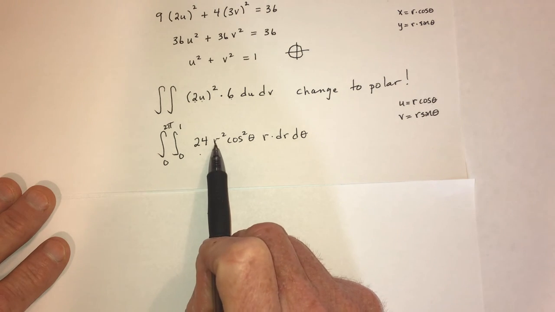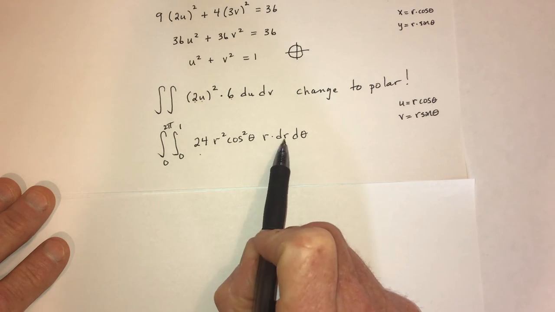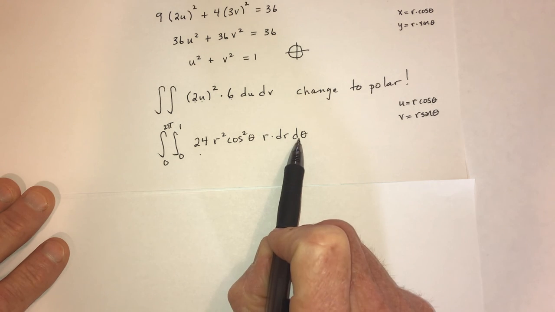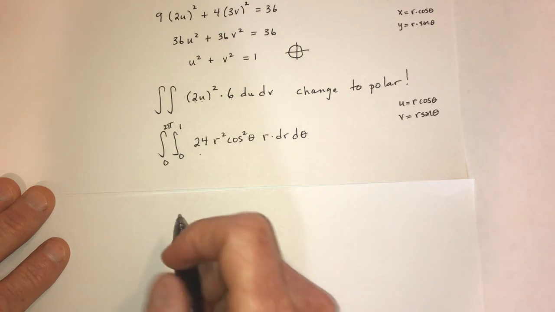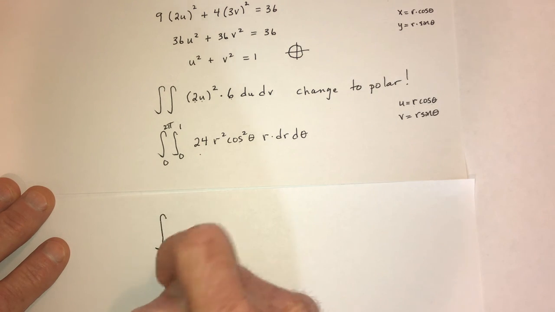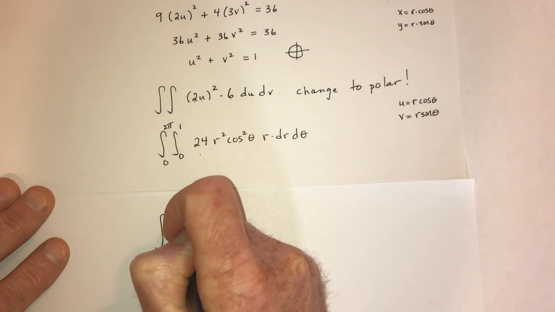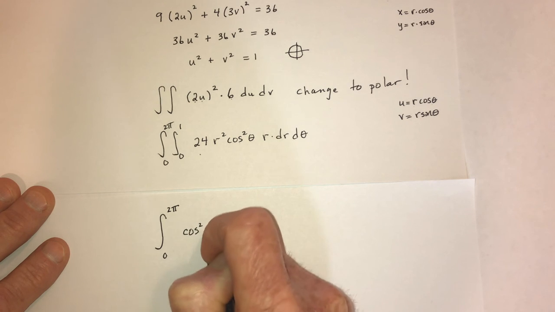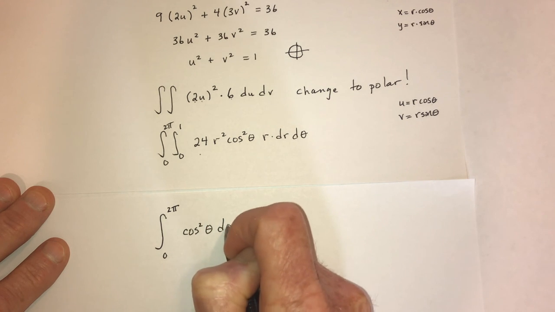So notice in here, I could put the r's together and put that together with the dr. I could take this that has theta, and I could basically separate this into two integrals that are multiplied together. So one of them will be the theta information. It goes from 0 to 2 pi, and then it would have cosine squared d theta.